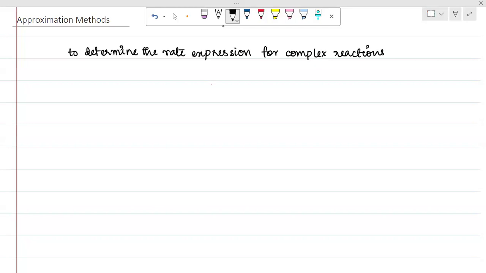Now, the major concept that you should know is that in complex reactions, the slowest step is very, very important.